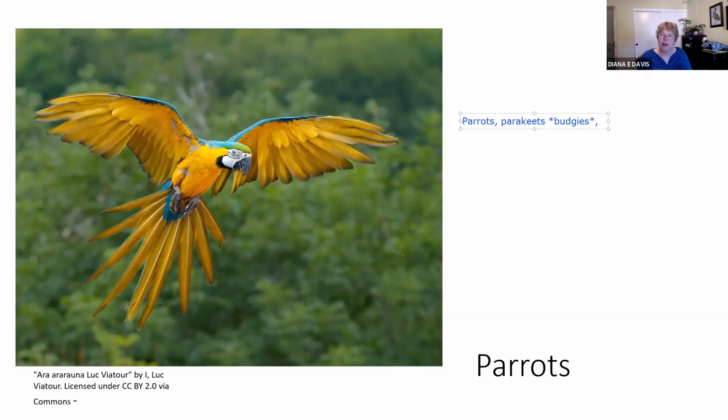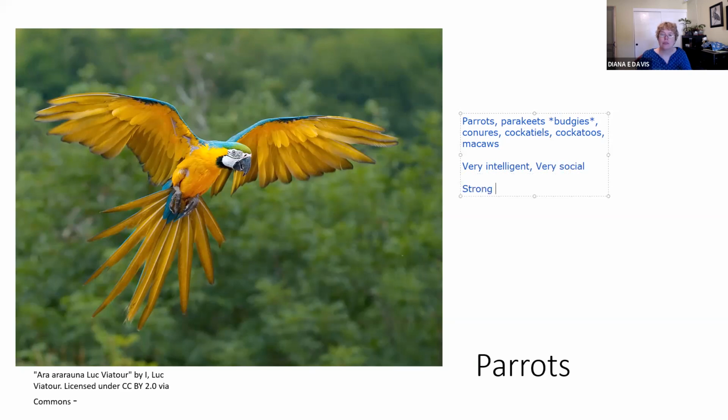But also true parakeets, conures, cockatiels, cockatoos, and macaws. So these are very, very intelligent animals and very, very social.